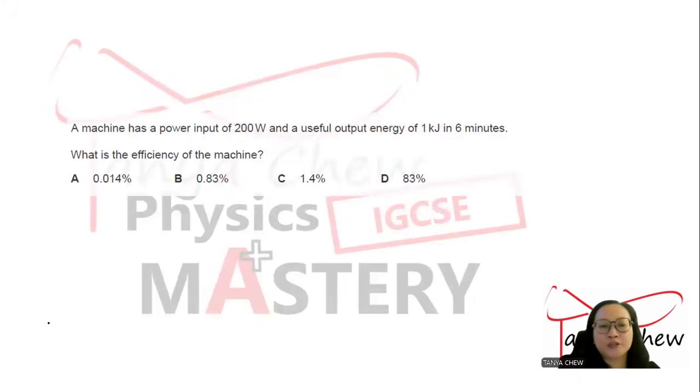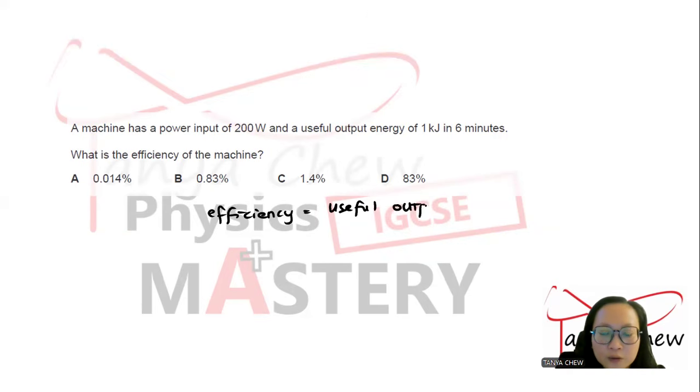Next one, a machine has a power input of 200 watt and a useful output energy of 1 kilojoule in 6 minutes. What is the efficiency of the machine? Efficiency, because the power is being given, I'm going to use the useful output power divided by input power multiplied by 100%.